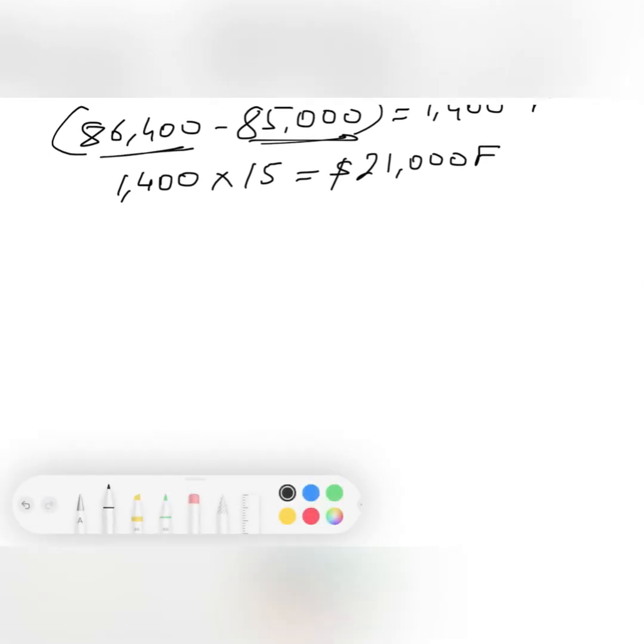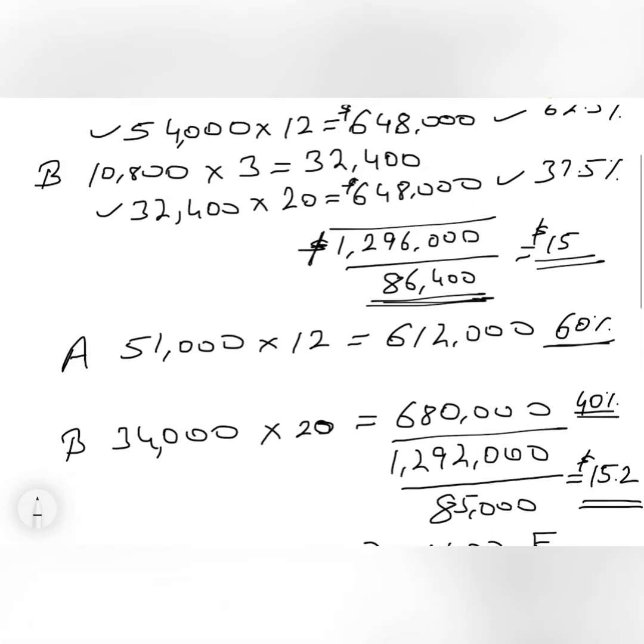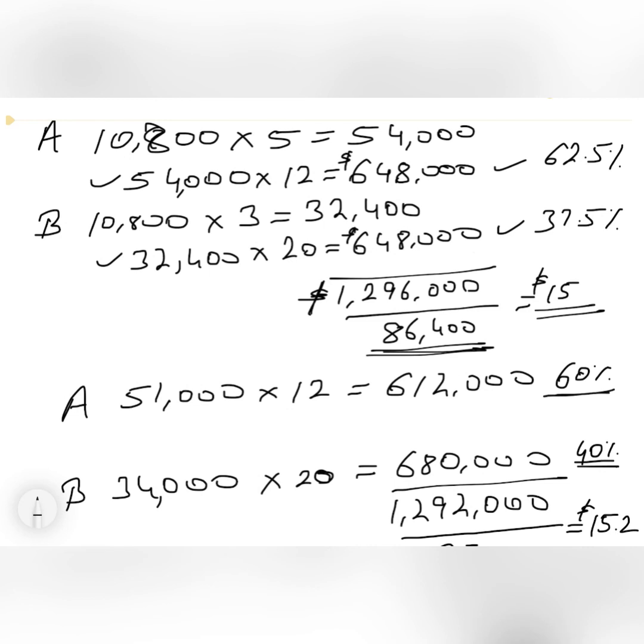And here is another simple way to answer this question. You're given two rates, one at $12 and one at $20. You want to come to an average rate that you can use. And the way to come to that average rate is, remember, we created the flexible budget. So for 10,800 units at 5 hours, you're supposed to use 54,000 hours.